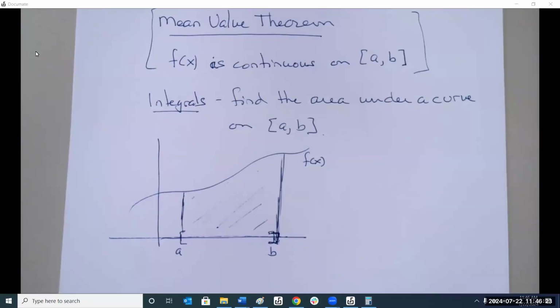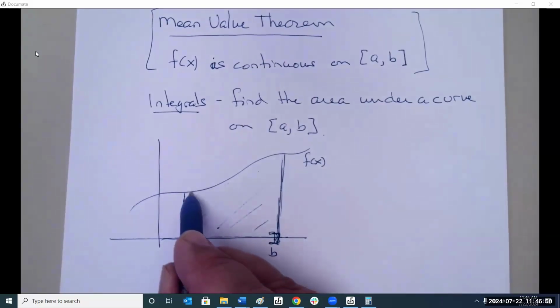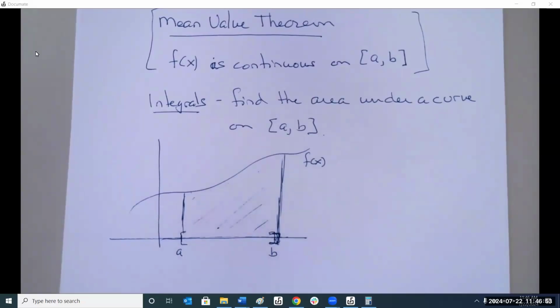What the mean value theorem for integral calculus is telling us is this. Well, okay, first off, what did we discuss in the last couple of sections to find the area under this curve? What methods do we talk about? The rectangular method, remember? Find the rectangles of all these and add them all together, Riemann sum.